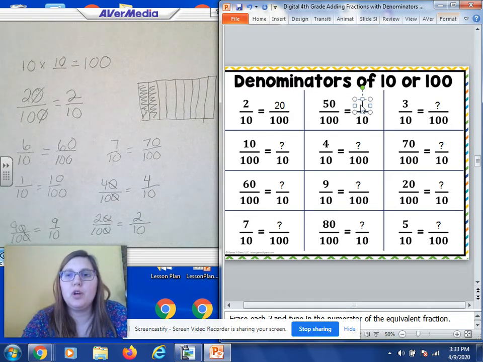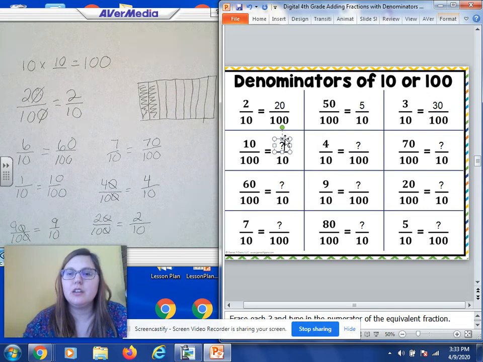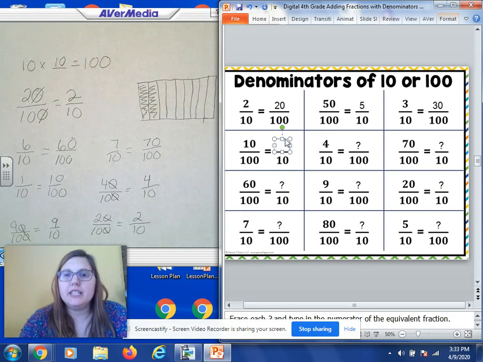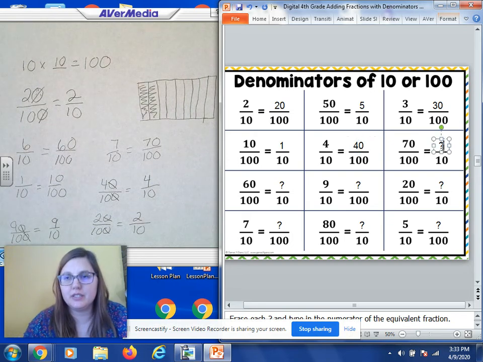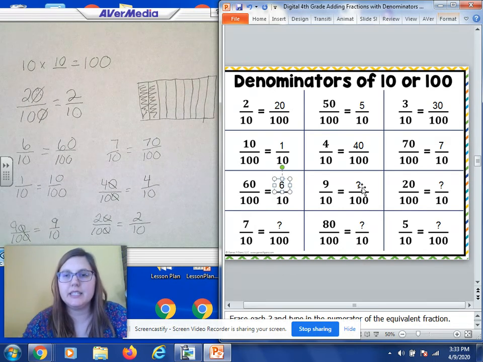So I'm going from hundredths to tenths, so I take away that 0 at the top, which gives me 5 tenths. I'm going from tenths to hundredths, so I'm adding a 0, so I have 30 hundredths. Hundredths to tenths, taking away a 0 gives me 1 tenth. Tenths to hundredths means I'm adding a 0, so 40 hundredths. 7 tenths. 6 tenths.